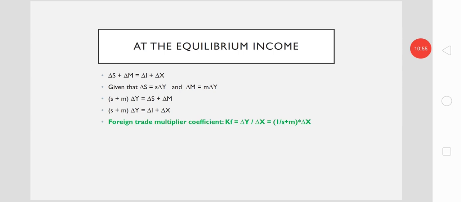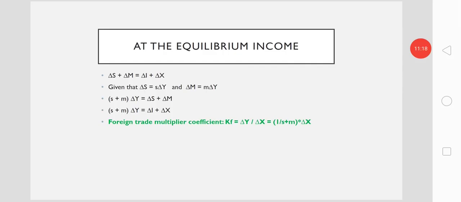Here the important thing is, while calculating the foreign trade multiplier, we need the data of marginal propensity to save, marginal propensity to import, and change in investment on export industries. When we have these three data, we can easily calculate the foreign trade multiplier coefficient.